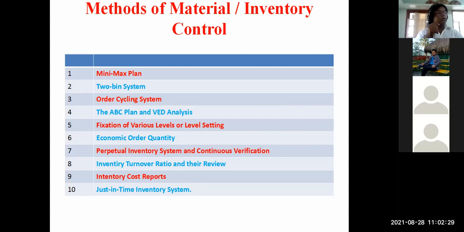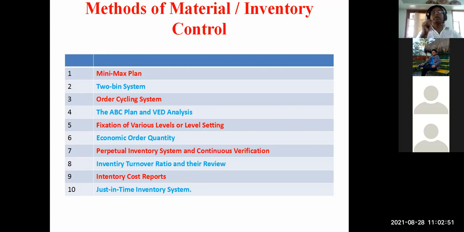And lastly, remember, material control is divided into three aspects. To sum up, one is purchase control, one is stores control, one is consumption control. This I have already told you. These are the three segments of material control: purchase, store, and consumption.